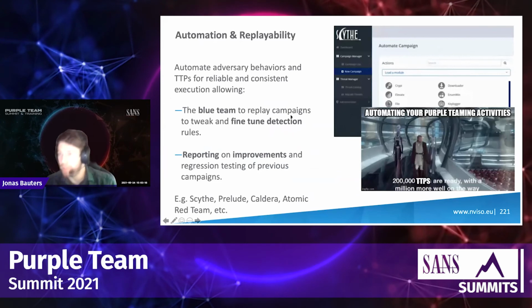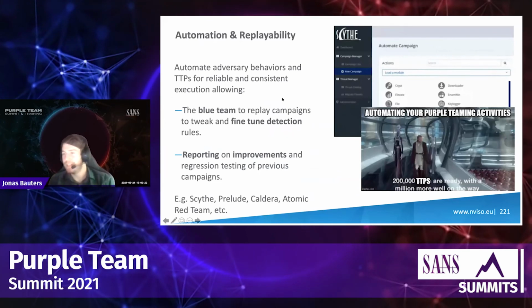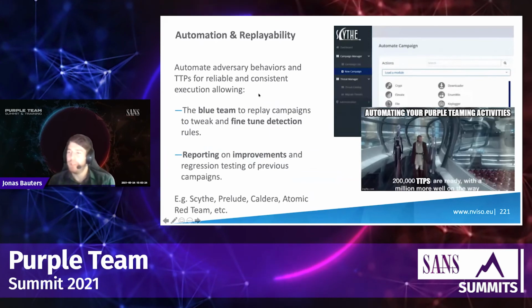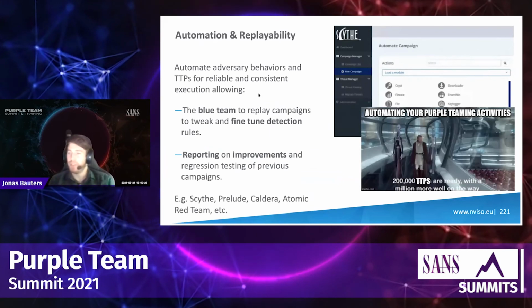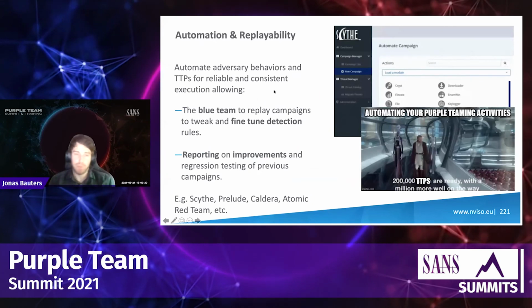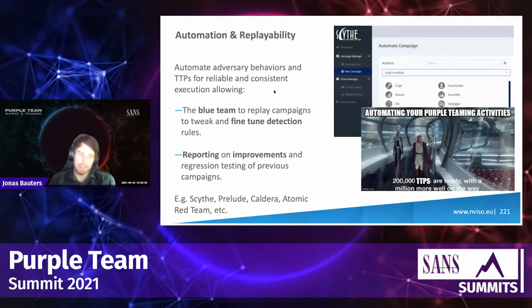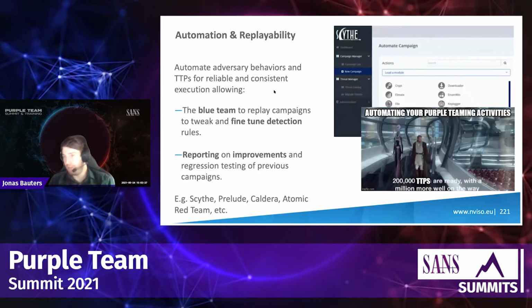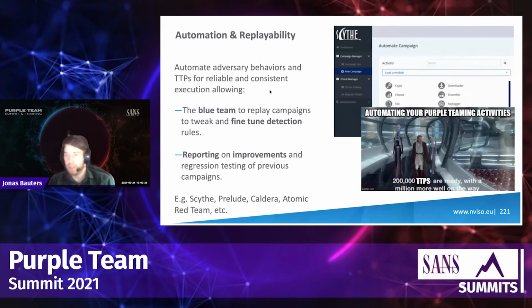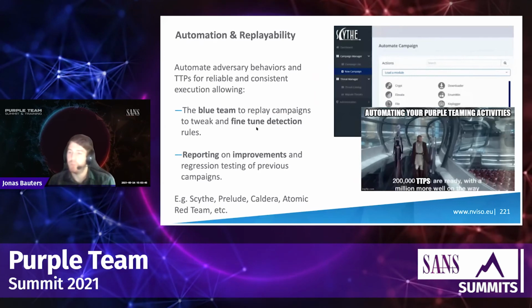For these replay packages, what we use is Site, which you've seen in, or at least the company you saw in the previous presentation as well. So Site allows to create campaigns and put a number of techniques in there that you want to have executed automatically, and then return these in .exe or DLL format, which is exactly what we need to facilitate the approach we explained on the previous slide.